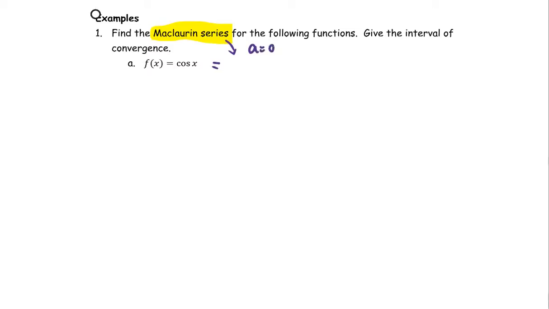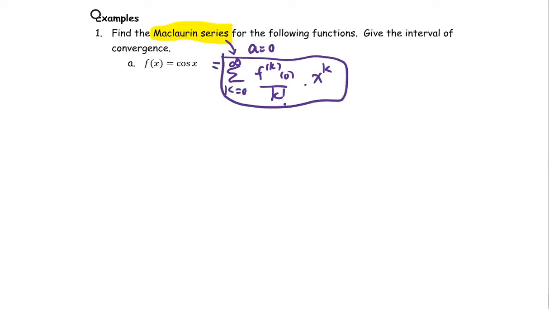So f of x can be rewritten as the summation of the kth derivative at the point 0 divided by k factorial multiplied by x to the power k from 0 to infinity. That means we are going to find the kth derivative at the point 0 to form the coefficient of this power series, or we use the general term c_k.